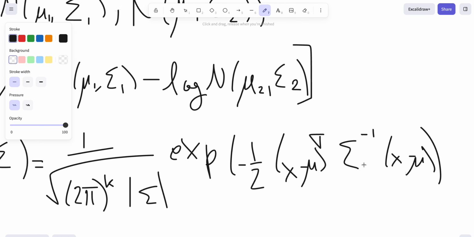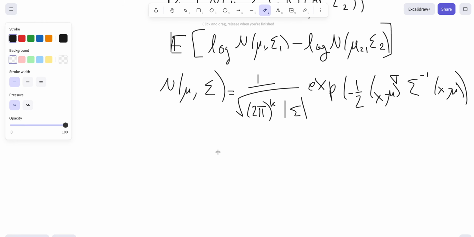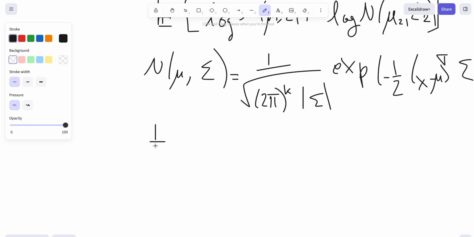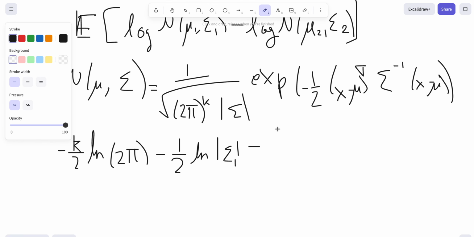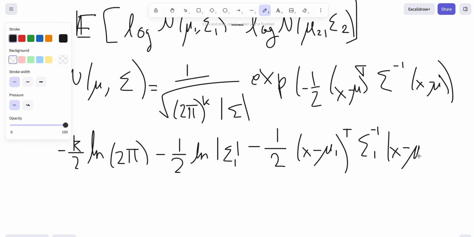If we take the log of this, we get one term, minus k over 2 natural log of 2 pi, minus 1/2 the natural log of the determinant of sigma 1, and minus 1/2 (x minus mu sub 1) transpose sigma sub 1 inverse (x minus mu sub 1), because the natural log and the exponential cancel.